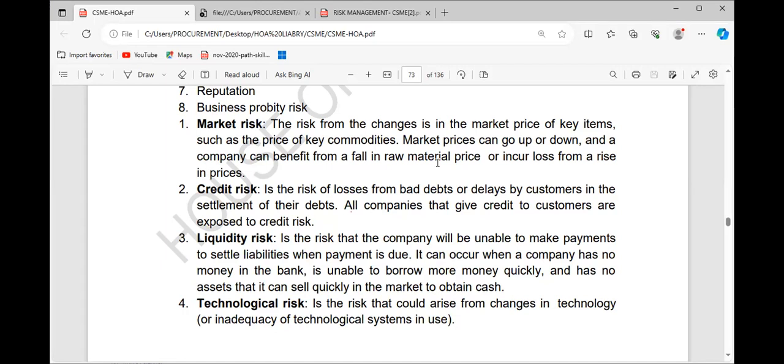Then liquidity risk is the risk that the company will not be able to make payments. That is, they will not be able to settle their what? Their liabilities. Especially maybe a company is into borrowing. Maybe you approach bank and you borrow money from bank, and your agreement is to pay back in the next 2 years.